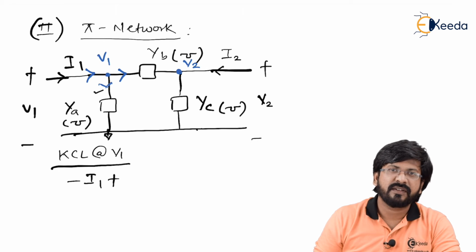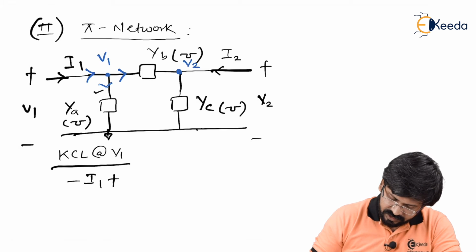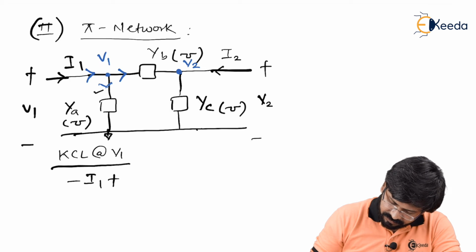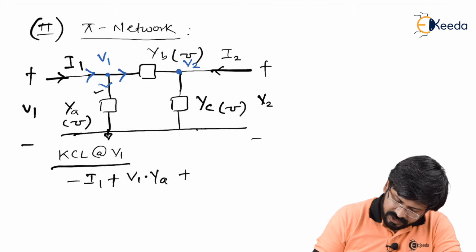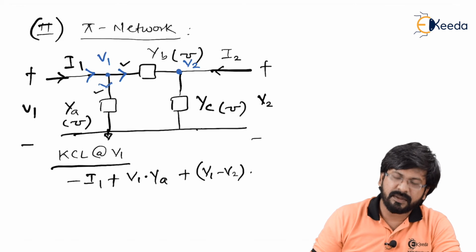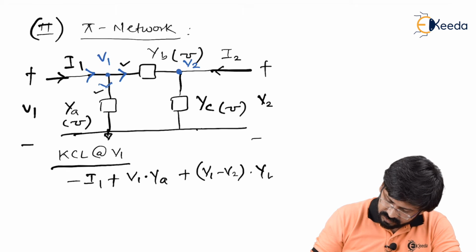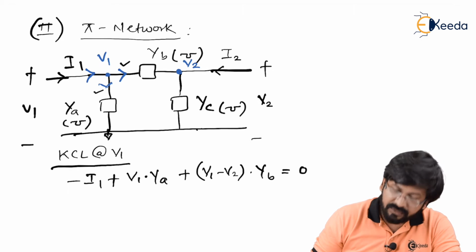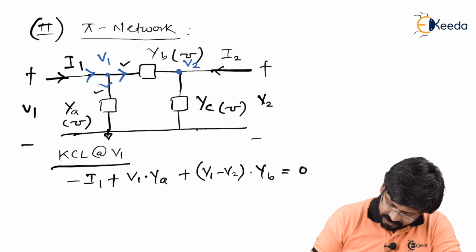So instead of dividing, we multiply by admittance. So the next current is V1 times YA plus, as you can see this current is going from V1 to V2, so I can say it is V1 minus V2 into the total admittance in the path, which is YB, equal to 0. So minus I1 can be taken as plus I1 at that side.